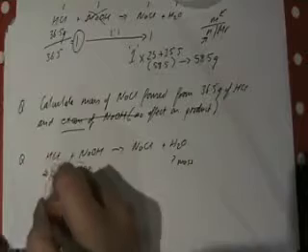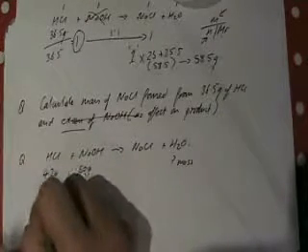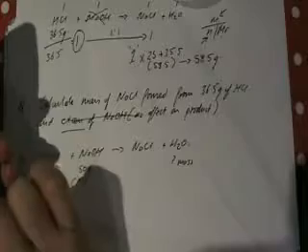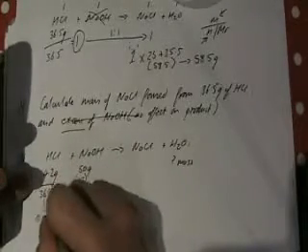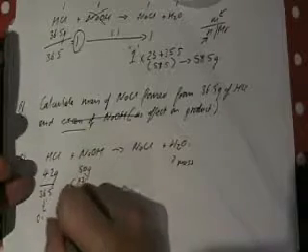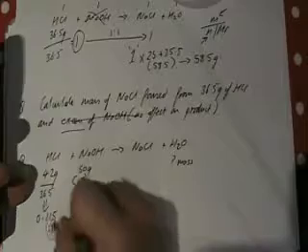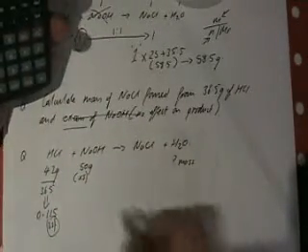Well, we have to do the same again. We still need to work out moles of the HCl. So we're going to do our 4.2 over 36.5. Okay, so 4.2 divided by 36.5 gives me moles of 0.115. Again, remember, we keep it to 3 sig fig. So where do we go?